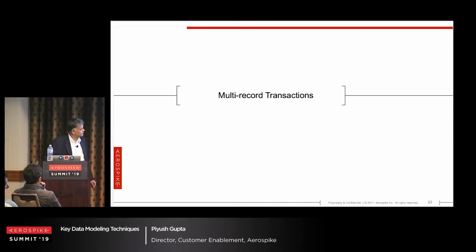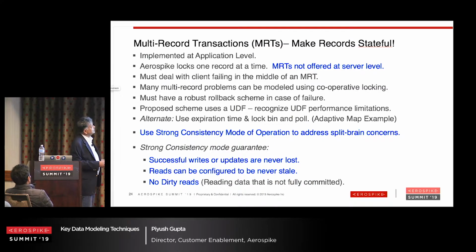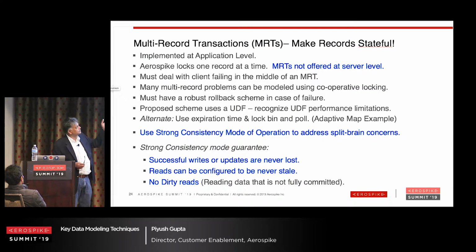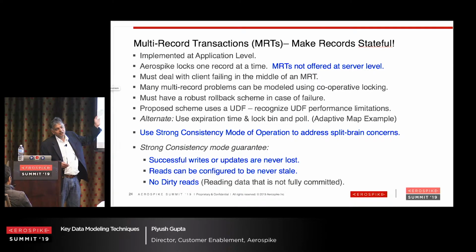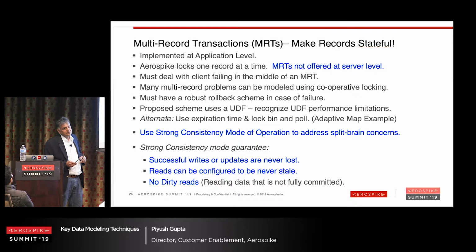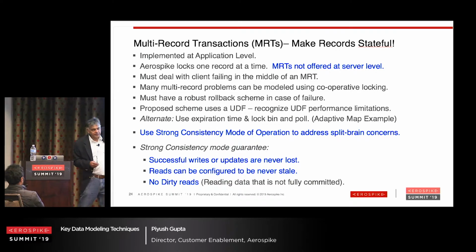So let's move on to multi-record transactions. It's something I wanted to touch on because this is very interesting. The way to implement multi-record transactions is that you have to make your records stateful. It all has to be done at the application level. They are not offered at the server level.